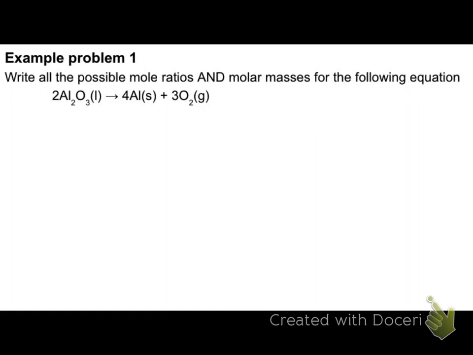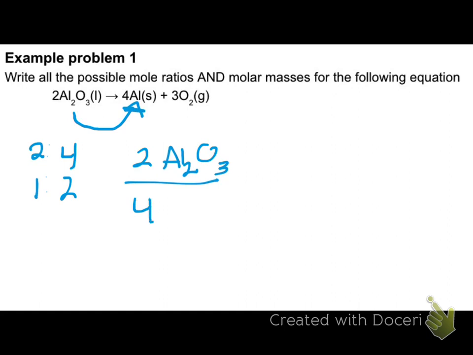All right. So, to start with the ratios, if we're doing a ratio between aluminum oxide and aluminum, then the ratio should be 2 to 4, which we could simplify down to 1 to 2. Okay? So, if you were going to write a conversion factor for this, for aluminum oxide to aluminum, you could write it either as 2 moles aluminum oxide over 4 moles aluminum, or you could write it the other way around.